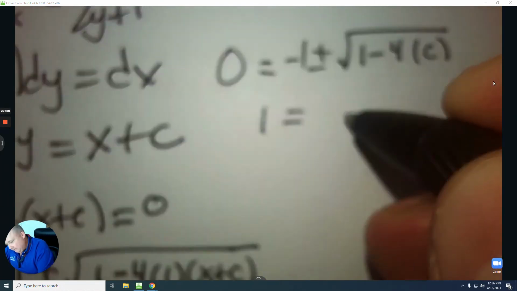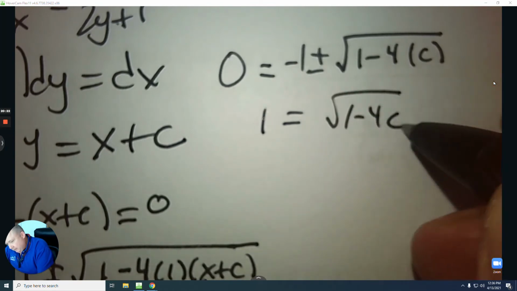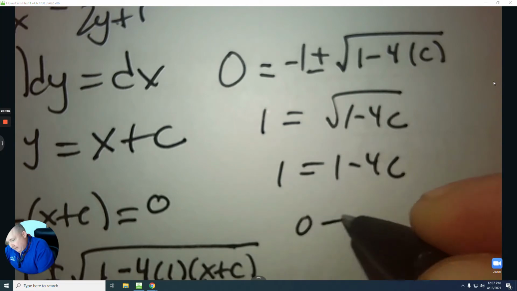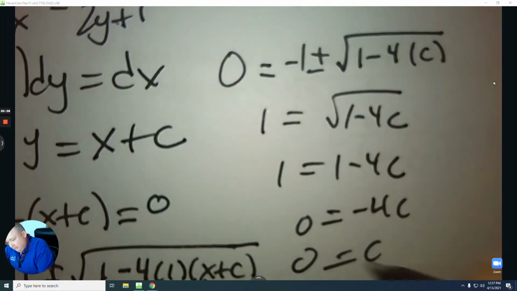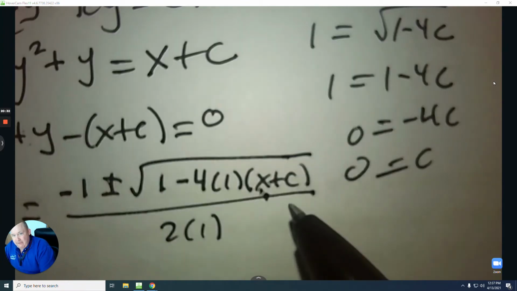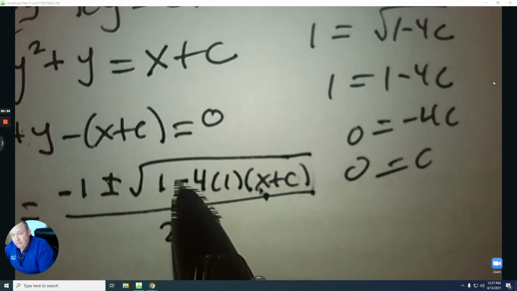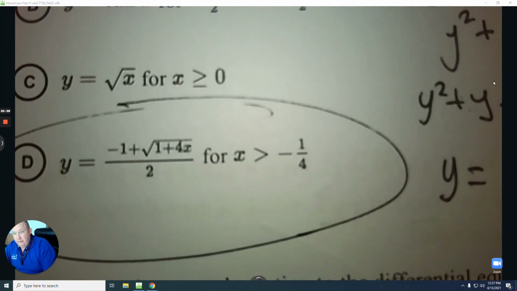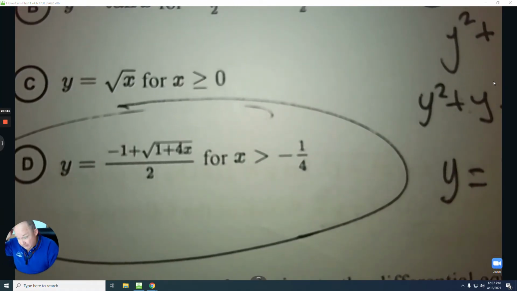Add 1. Square both sides. And then I want you to notice as you solve this, c is equal to 0. So if I take the answer and solve it and put in 0 here, you're left with negative 4x. This is the answer right here. There's only one answer that matches it. I'm sorry you did the quadratic formula.